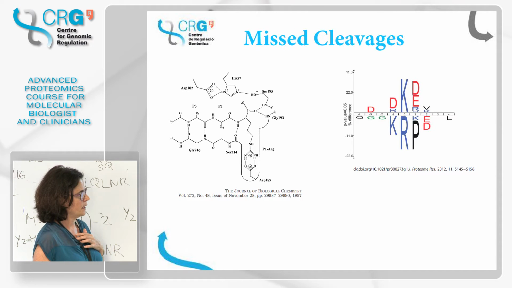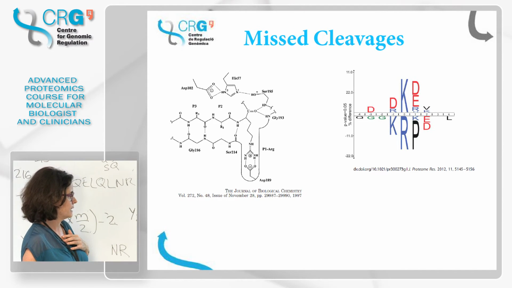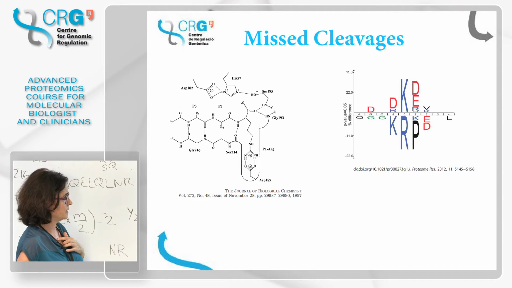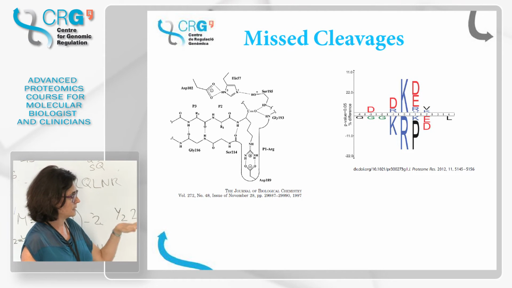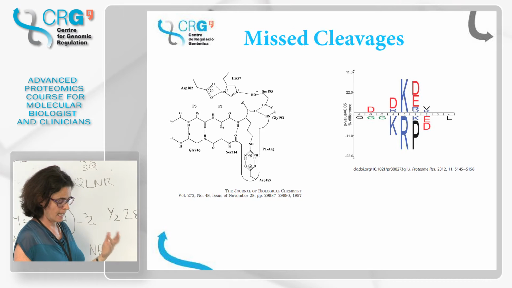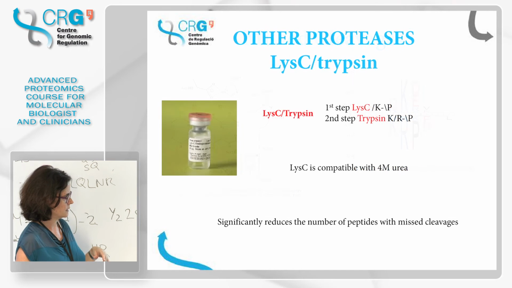And other amino acids that are very easily skipped by trypsin are acidic residues like aspartic or glutamic. Why? Because the catalytic triad in the catalytic center of the trypsin has an aspartic, and it can cause some electrostatic repulsion when the next residue is an acidic one. So a typical miscleavage position would be this K-D or K-E, or the same with arginine.